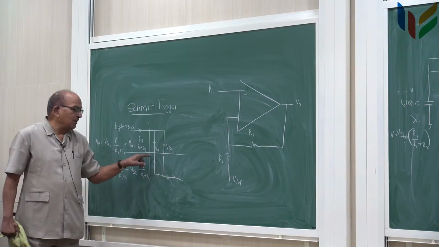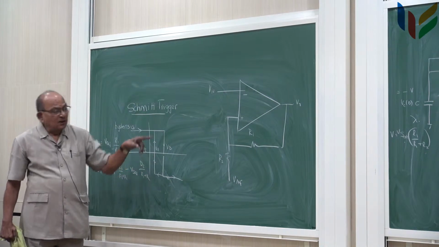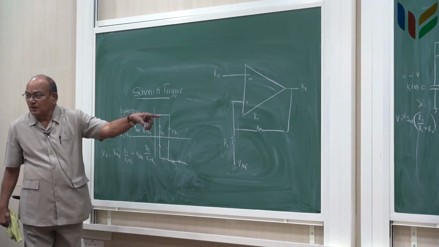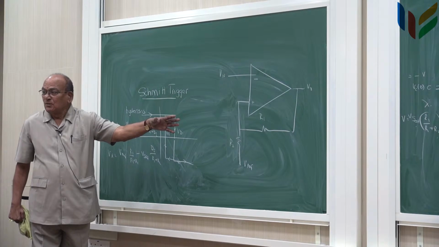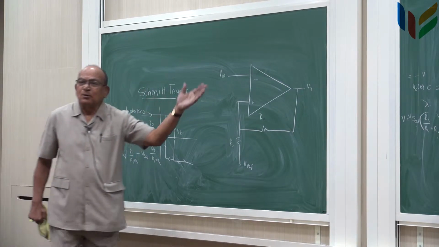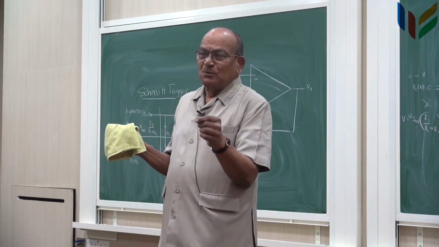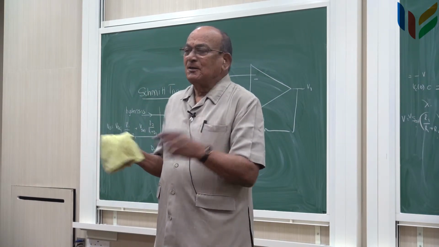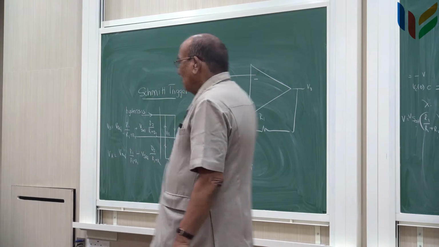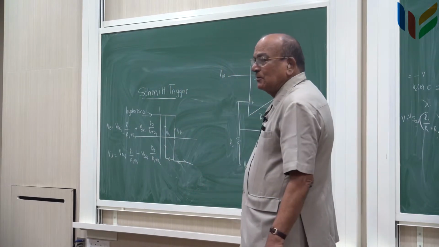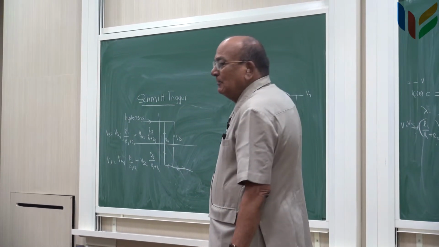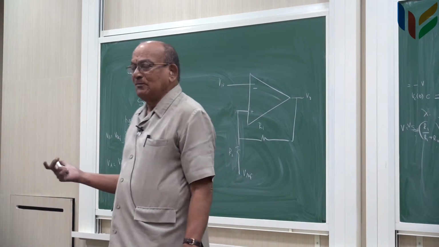Another time is decided by this point on the curve. In our case, the magnitude of both of them are same when you make reference equal to 0. That is why T1 became equal to T2. If I can separate these two, that is, magnitude of positive side is not same as the magnitude of negative side, then I will get T1 different from T2.